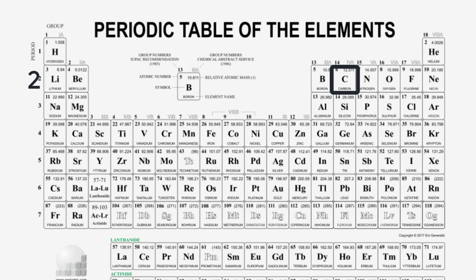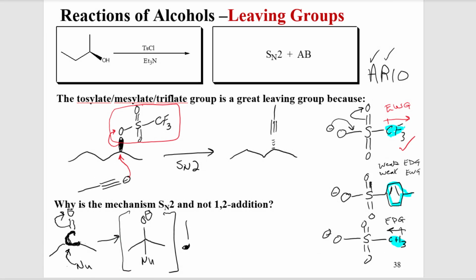No. So carbon's 1s2, 2s2, 2p2, its outer shell is shell 2, and shell 2 has no d orbitals. From an orbital perspective of what's allowed, when the nucleophile makes a bond with the carbon, it has to come in and break the pi system and make way orbitally to make sense. So this is the only way you can do it.